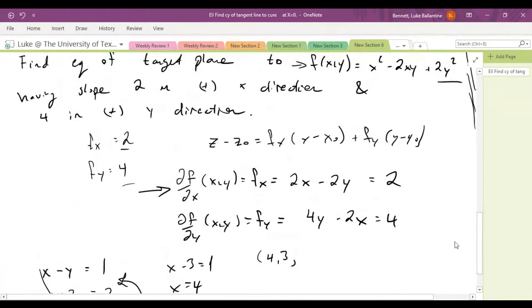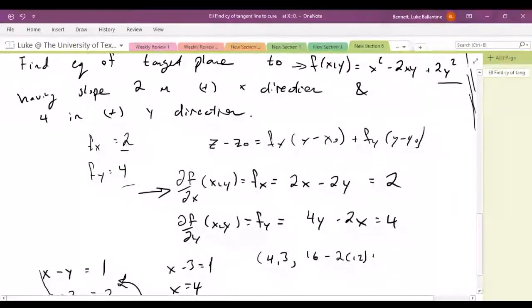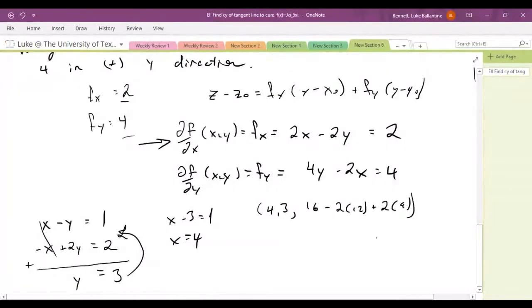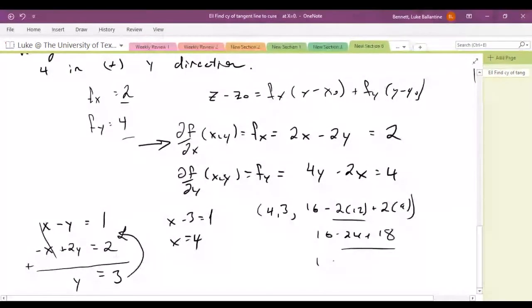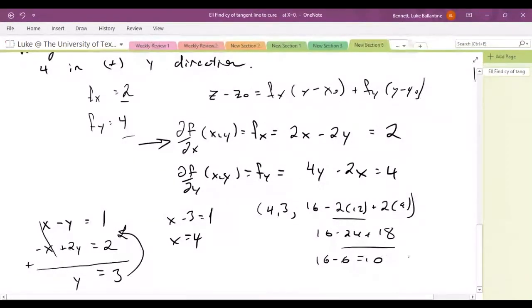So that would be 16 minus 2 times 12 plus 2 times 9. So this is 16 minus 24 plus 18. 16 minus 6 is 10.